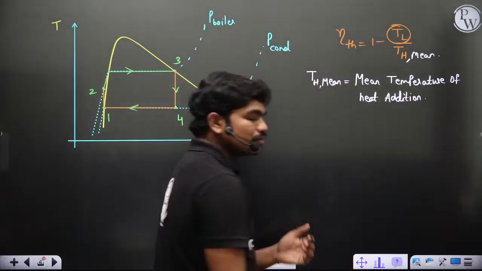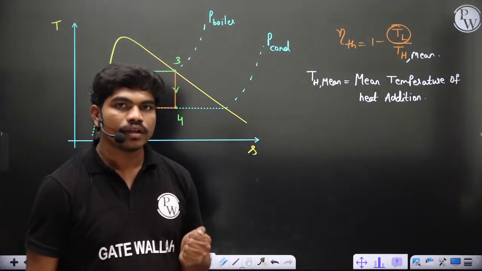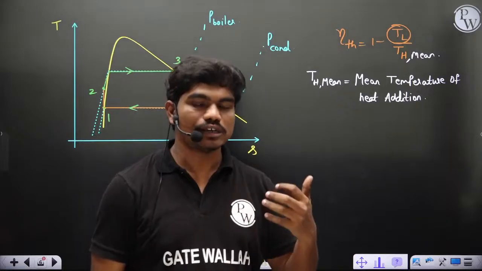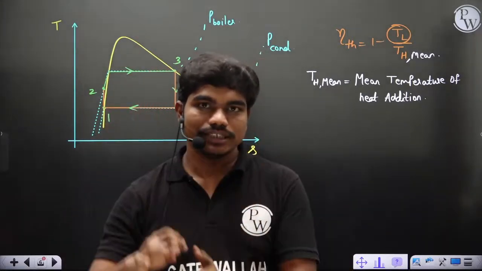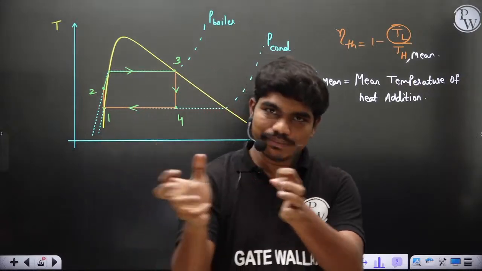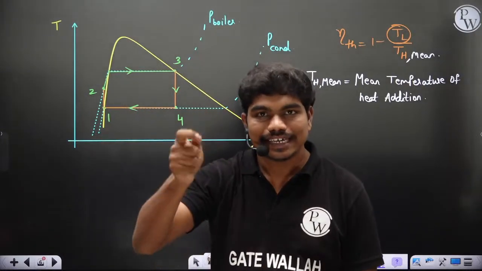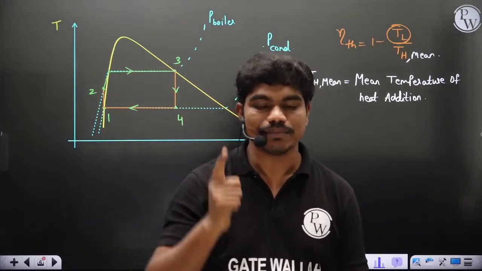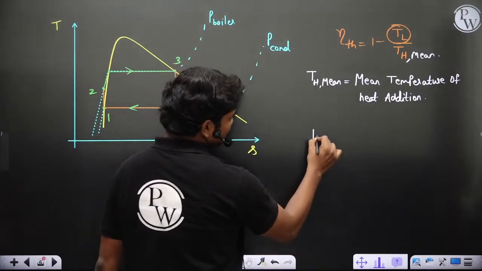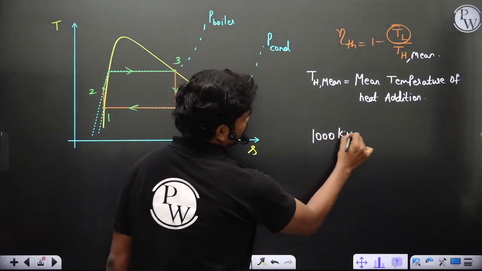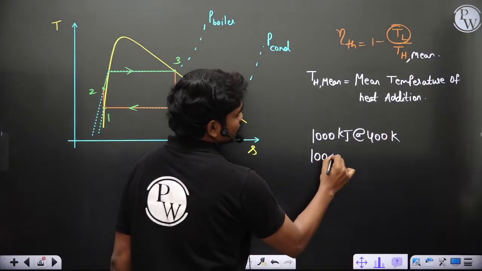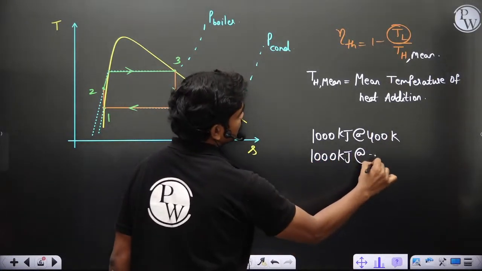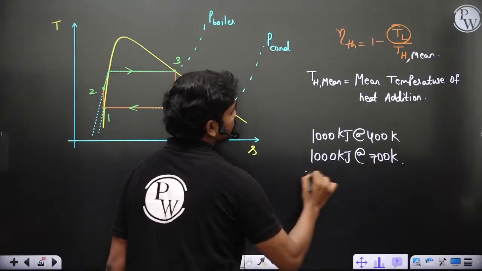So what is this mean temperature of heat addition? If you want to get the maximum work out of a working substance at some high temperature, the heat supplied to that substance should be at high temperature. Supplying 1000 kilojoules of heat at 400 Kelvin and supplying 1000 kilojoules of heat at 700 Kelvin, are these two equal?